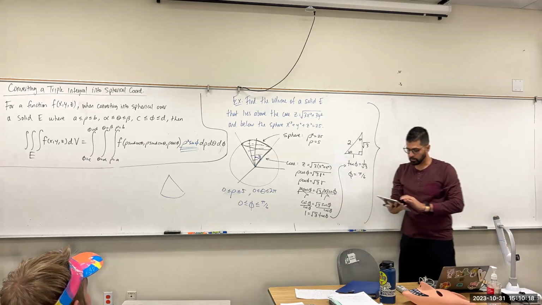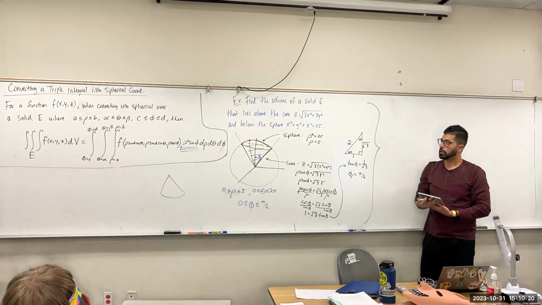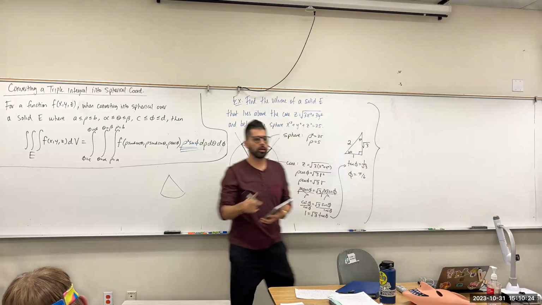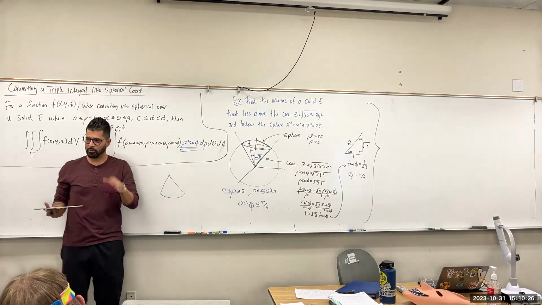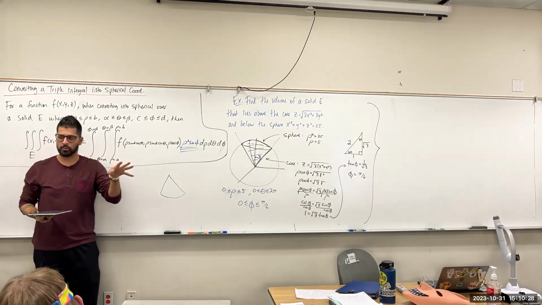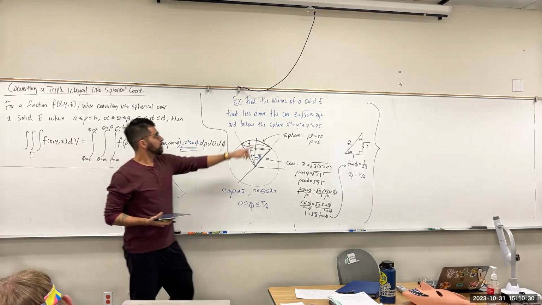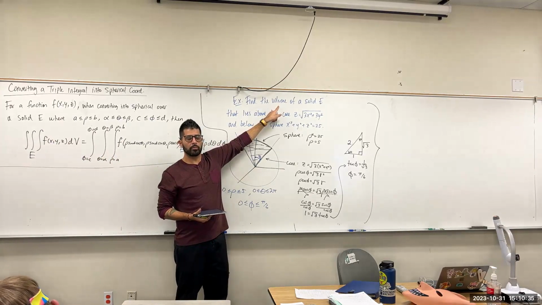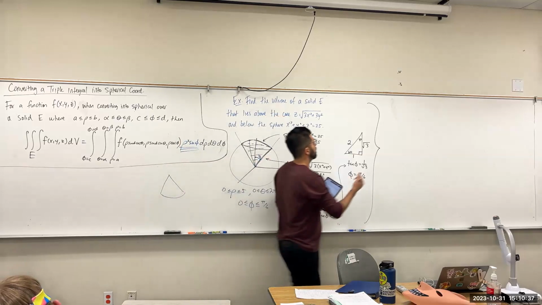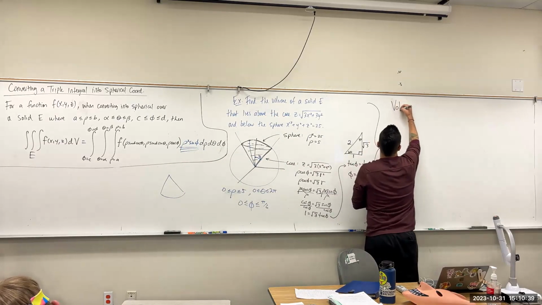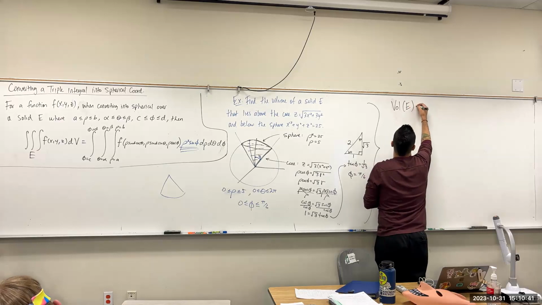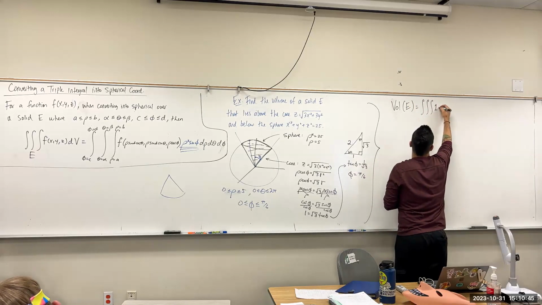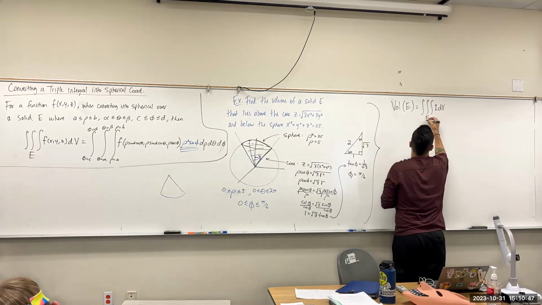now back to the question someone asked me: will you tell us if I have to do hypervolume or volume? Because this is volume, when we did properties of triple integrals, we learned that to find the volume of a solid, all I had to do was triple integrate the function 1 over that solid.